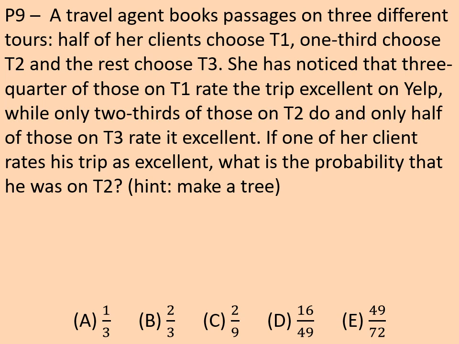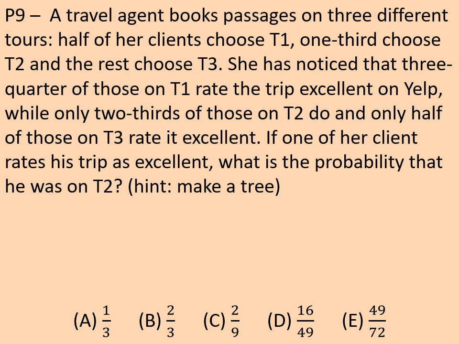She has noticed that 3/4 of those on tour 1 rate the trip excellent on Yelp, while only 2/3 of those on tour 2 do, and only half of those on tour 3 rate it as excellent. If one of her clients rates her trip excellent, what's the probability that he was on tour 2?